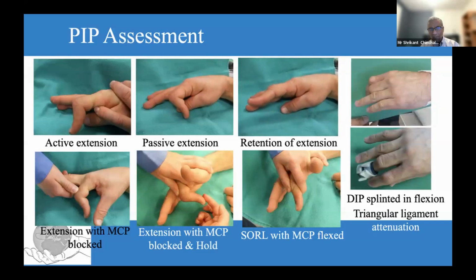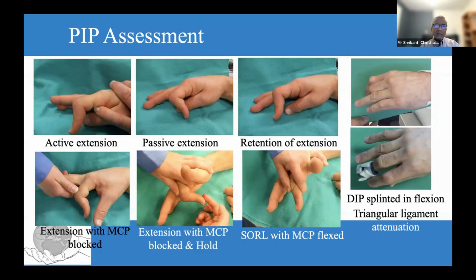Surprisingly, when you extend the PIP joint and ask a person to hold, he's able to hold the PIP joint in extension for a very short period of time. But ultimately, we know that the PIP joint is also extending because of the intrinsic load, which is basically attempting to maintain the middle phalanx in extension.